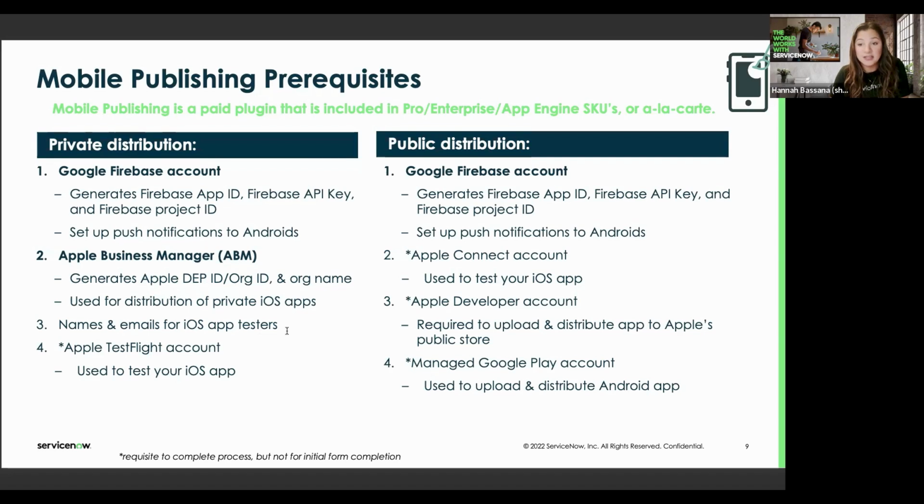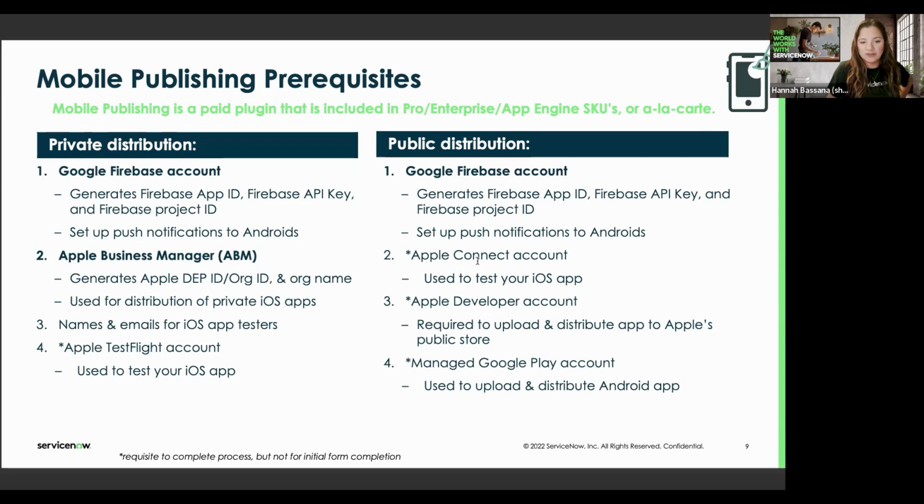This can be updated every time you update your client version, but you need to make sure you know who your iOS testers are and ensure those testers have their emails associated with an Apple ID. An Apple TestFlight account is used to test your iOS app, so it's technically not a prerequisite, but it is a requisite for the larger process.